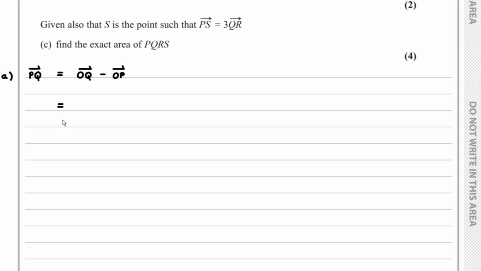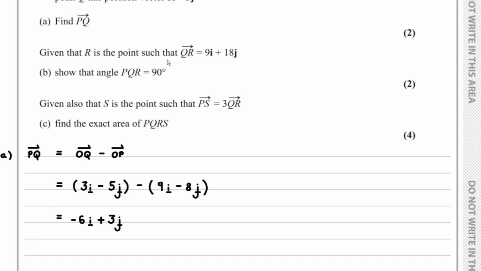So we have the vector OQ, which is 3i subtract 5j, and we subtract from this the vector OP, which is 9i subtract 8j. So 3i subtract 9i, that's negative 6i, negative 5j subtract negative 8j, that's positive 3j. So the vector PQ is equal to negative 6i plus 3j.